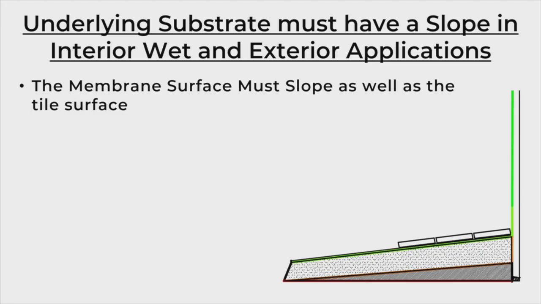Number one is the underlying substrate has to be pre-sloped, because the problem is that if the surface where the waterproof membrane is located isn't sloped properly and isn't designed so water can evacuate, then it gets trapped and it's then subjecting the tile or stone to continuous moisture.